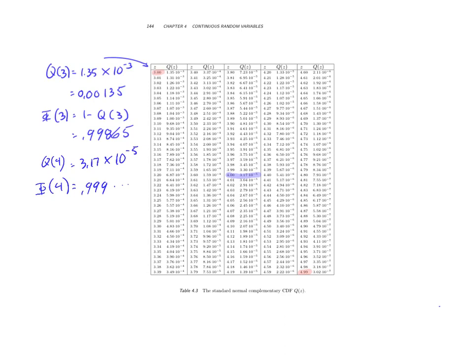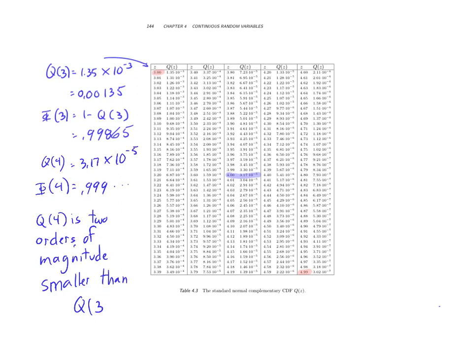But the important thing is that while phi of 4 looks like it's approximately the same as phi of 3, Q of 4 is 2 orders of magnitude smaller than Q of 3.